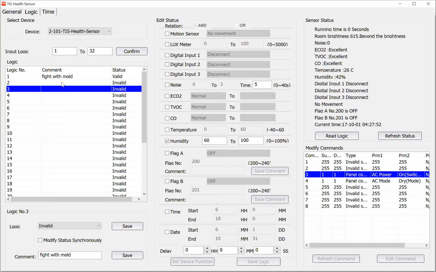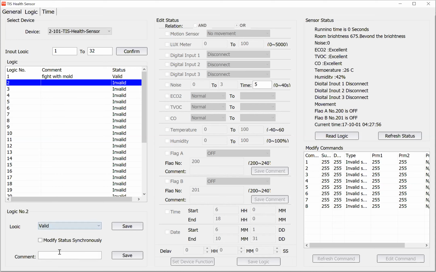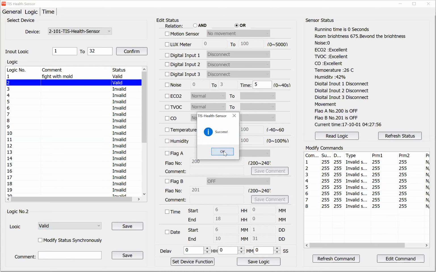We add another logic here. I put the command to turn off the AC if there is no humidity. Okay, very good.